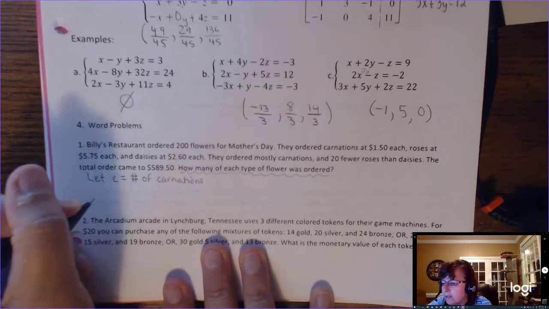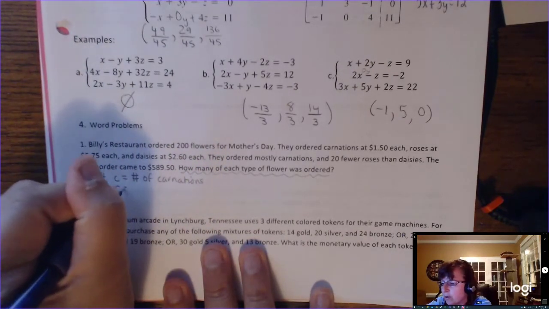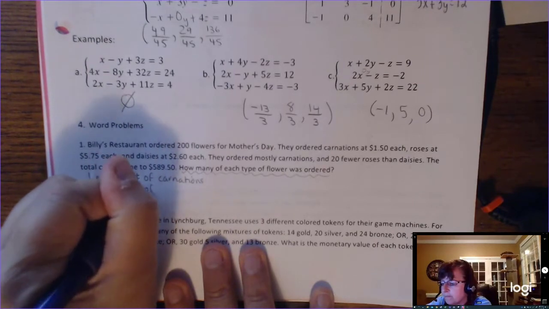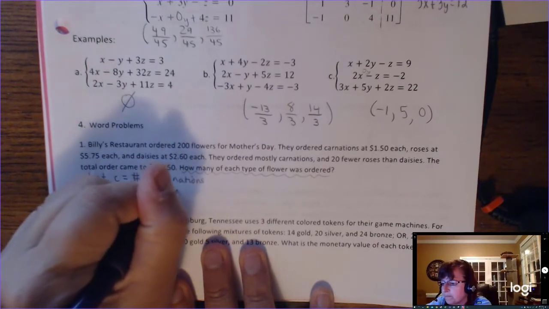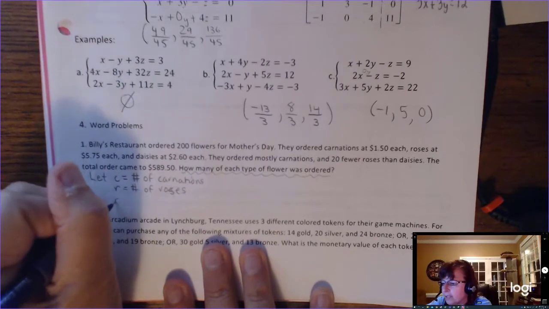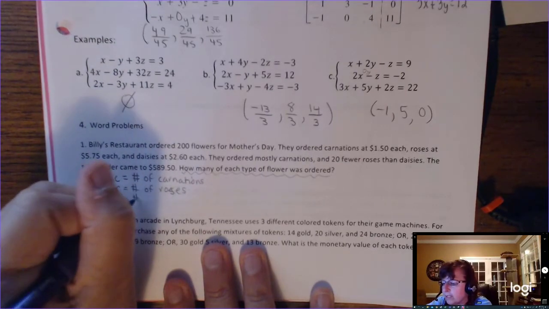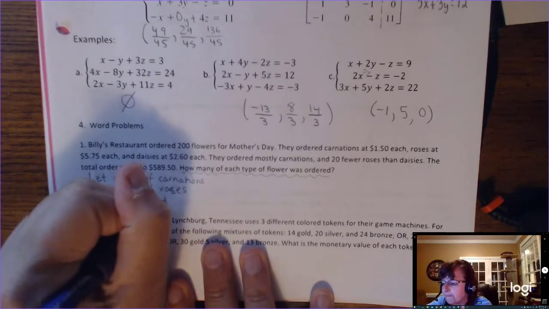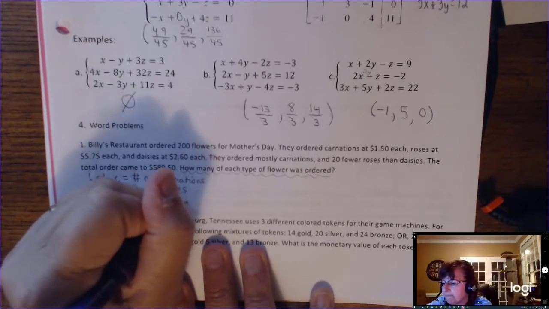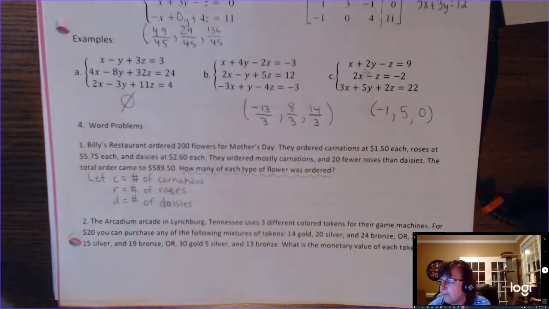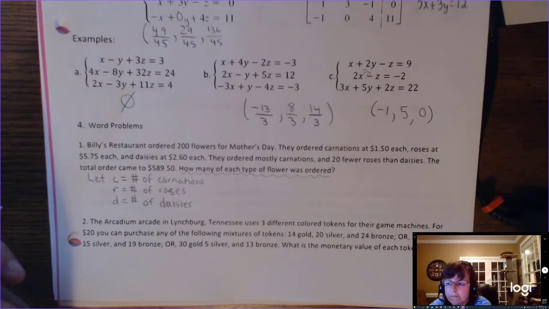And then there is roses. So I'll let R be number of roses. And then there are daisies. So I'm going to let D equal number of daisies. So if I have 3 unknowns, I need 3 equations.